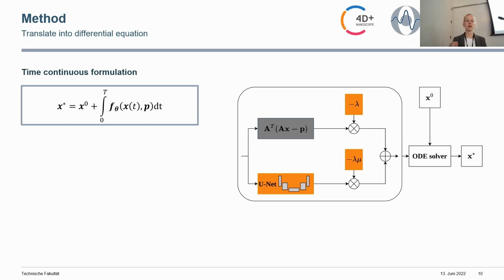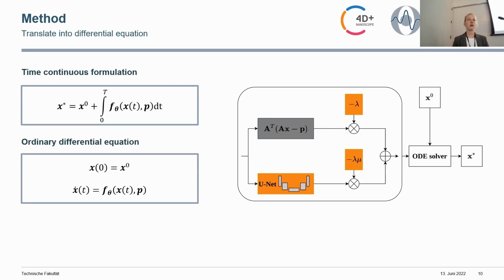So what happens is the sum is simply replaced by an integral, which integrates our problem from some time point 0 to some time point t. And the function that we're integrating, f of theta, is basically still the same. So it still consists of the negative gradient of our problem target function.